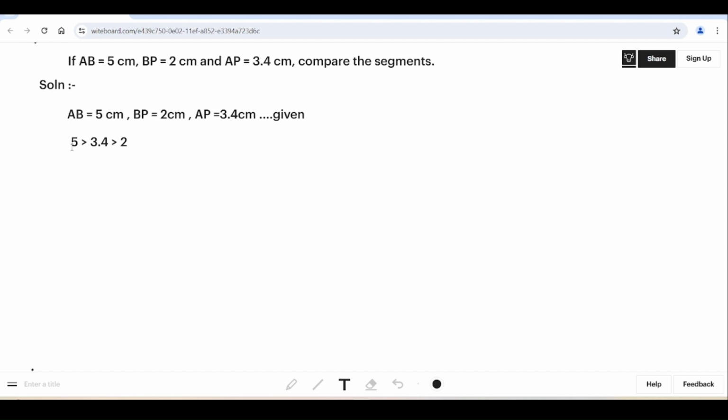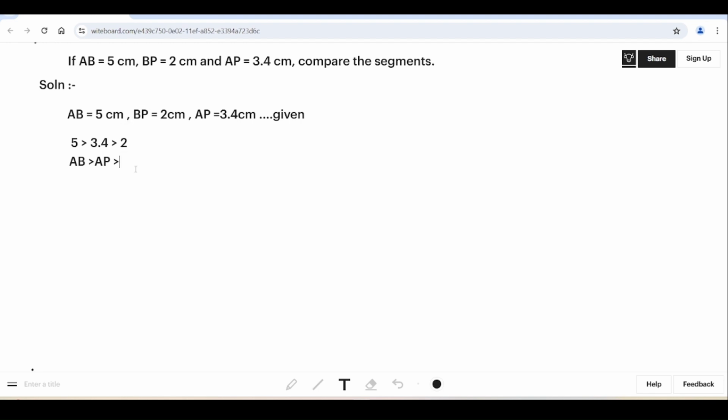Right? So in a similar way we can write now: AB, 5 centimeter is for AB. Therefore, AB is greater than AP, which is 3.4, and AP is greater than BP, which is 2 centimeter.